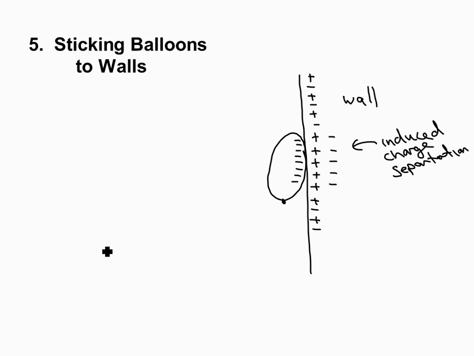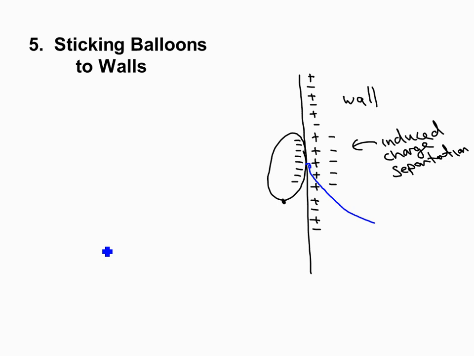All right? Which means at the surface of the wall, what's the charge right up against the balloon? What's the charge, Jess? Correct, but I mean right here at this spot in the wall, how would we describe that charge?